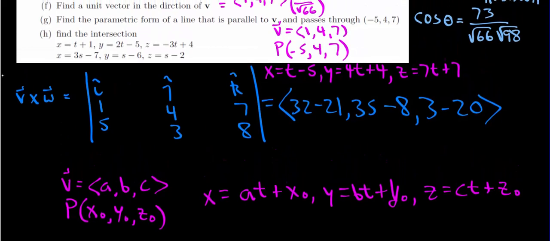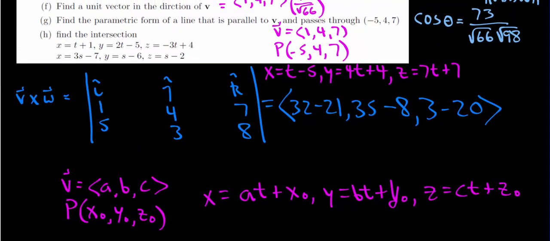Now, what we want to do next: if we're given a set of parametric equations for a line and then another line, we want to know, do those lines intersect? And if they do, what is the point of intersection? So let's see how we would tackle that.